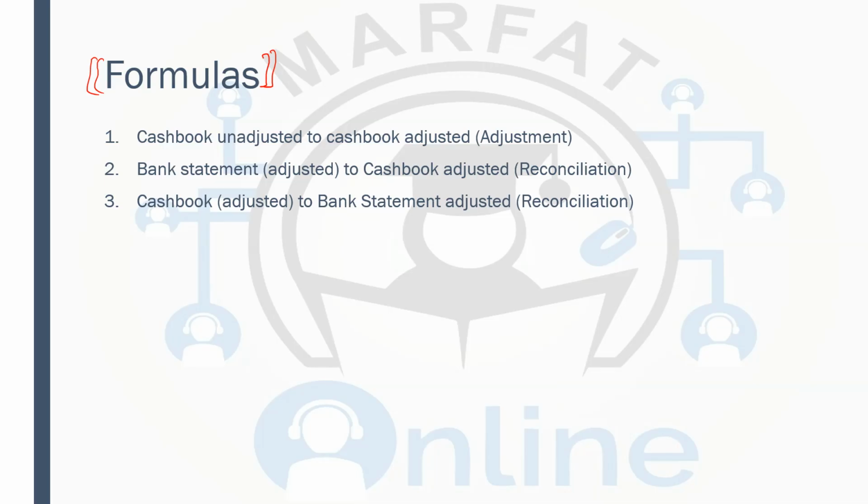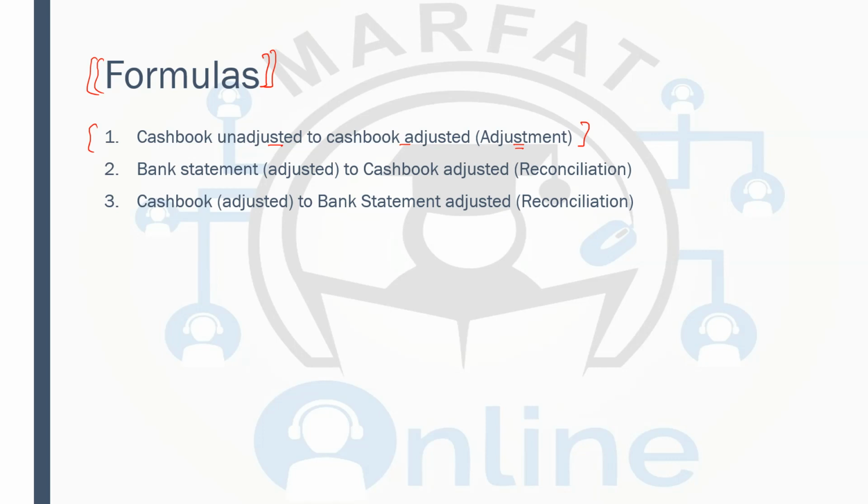The first formula is the cash book unadjusted balance to the cash book adjusted balance, and this is known as adjustments. When you're making adjustments within your cash book, this is entirely the document of the business. You have the balance within your cash book, and you realize that this is an unadjusted balance. How do you realize that it is unadjusted?